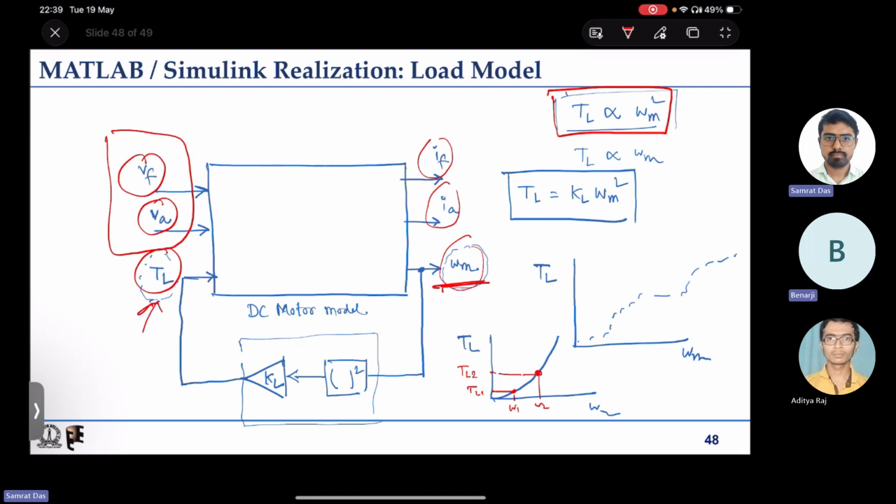Yes, sir. I am asking among TL and omega m only, sir. Among TL and omega m, TL seems to be dependent, omega m is the independent, because TL is what depends on omega m. But dependent, independent is not very important in terms of control and other things.